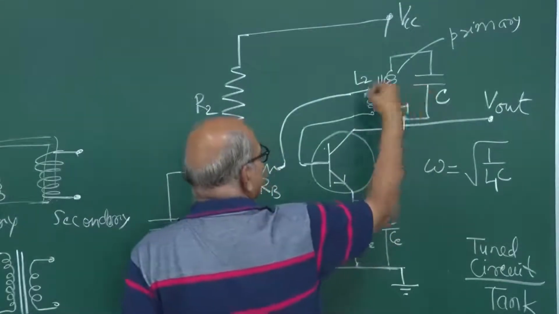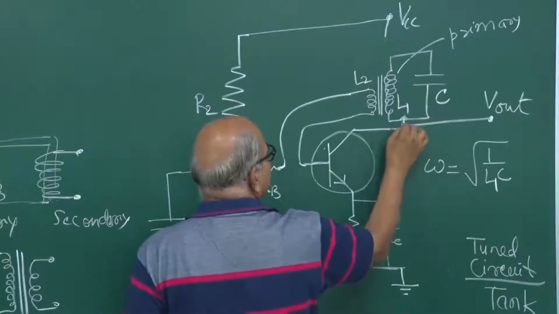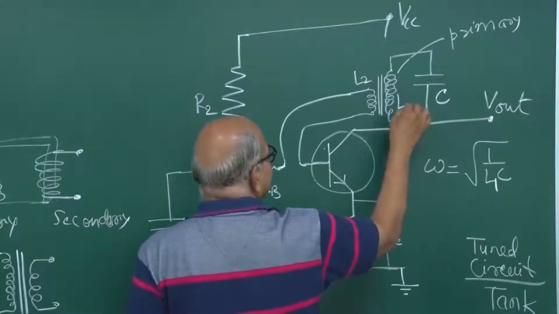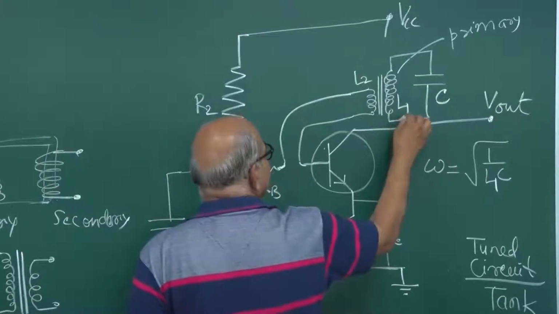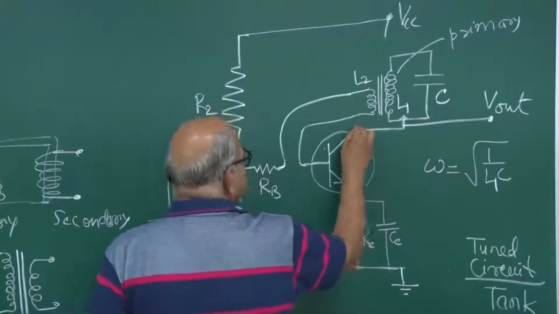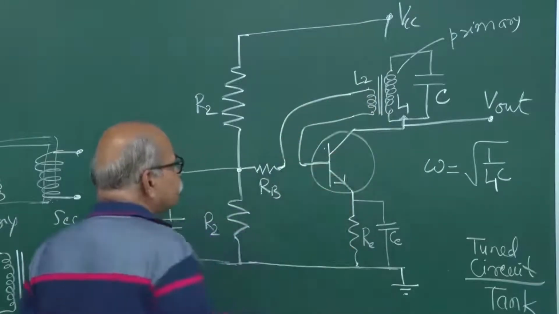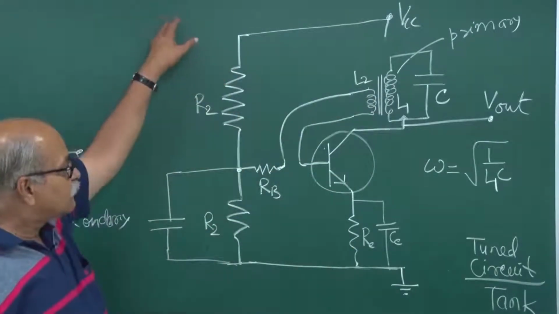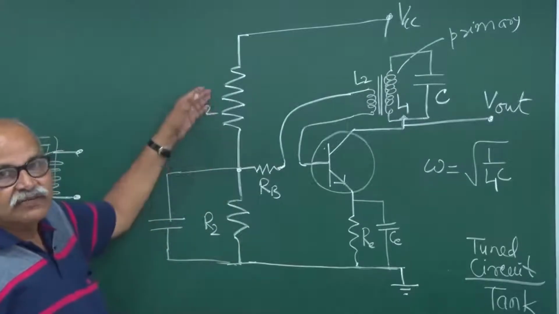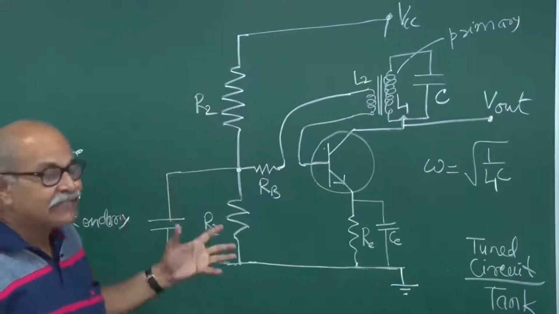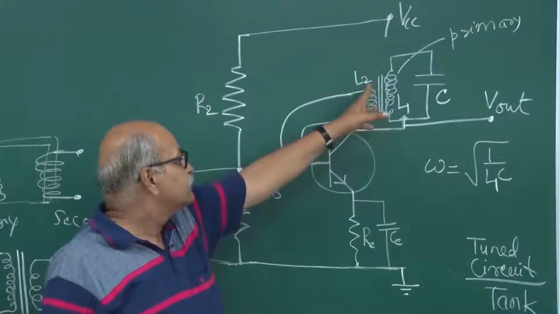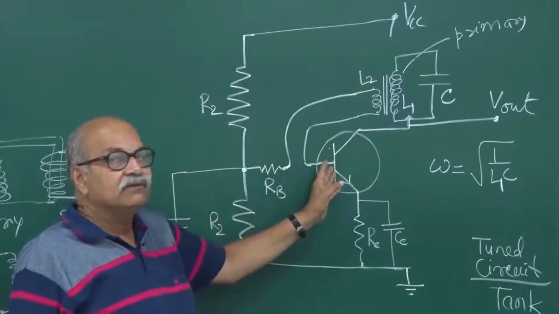So whatever is lost, whatever is gone is compensated from here. This amplifier is giving signal into it, and what is it amplifying? It is amplifying this signal. So we are not giving anything from outside. From outside we are not giving any AC signal. It is only this AC signal which is coming and which is going into it.